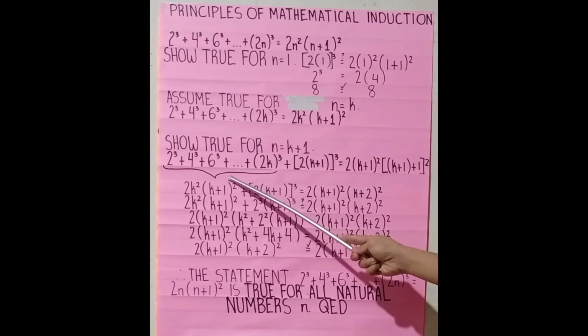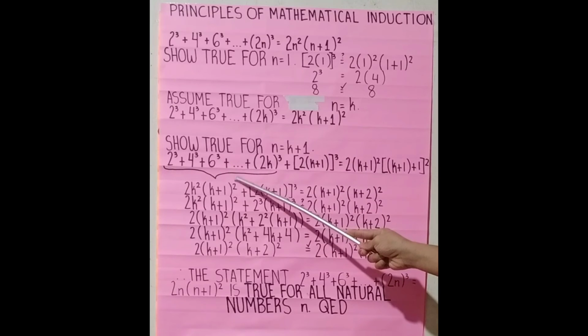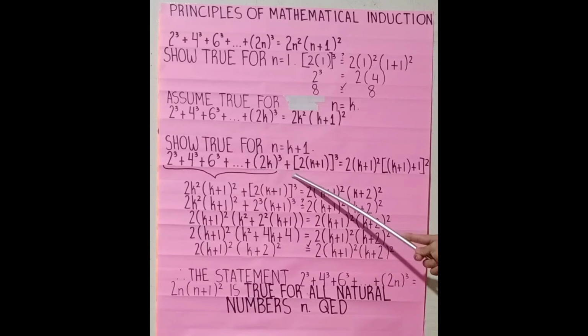So we have 2 cube plus 4 cube plus 6 cube plus ellipsis plus 2k cube plus 2 times k plus 1 cube is equal to 2 times k plus 1 squared times k plus 1 squared. So we substituted k plus 1 to the n values.